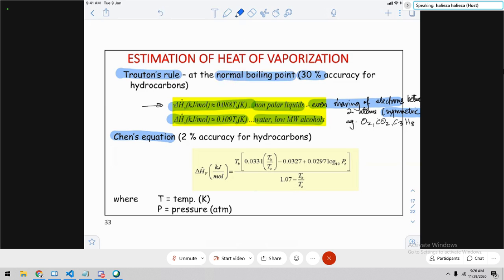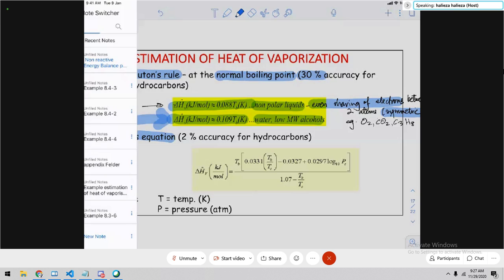We were looking at that example, and it mentioned methanol. So you'll be using the second equation, because it's a low molecular weight alcohol. The equation is 0.109 times the boiling point temperature, TB, and the temperature must be in Kelvin. So let's go back to that example.